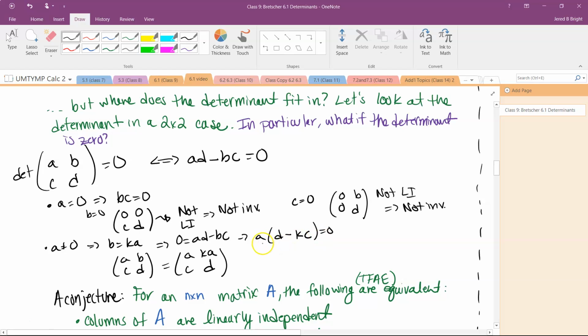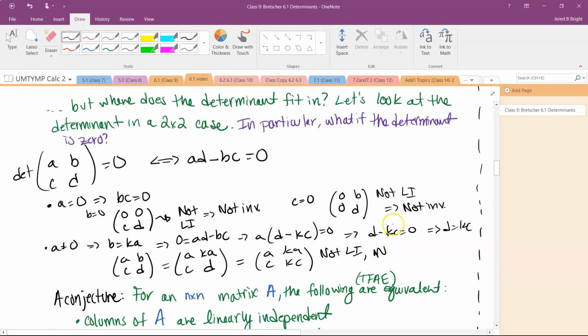I assume A is not 0, so D minus kC equals 0, and that means that D is equal to kC. So I get A, C, kA, kC, and this again is not linearly independent and therefore not invertible.